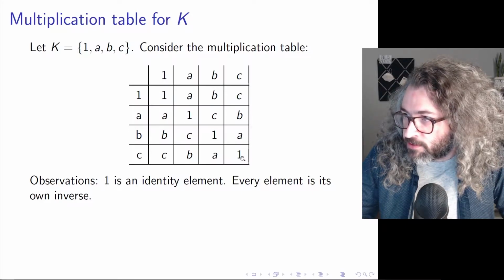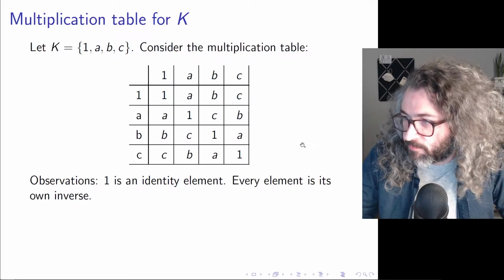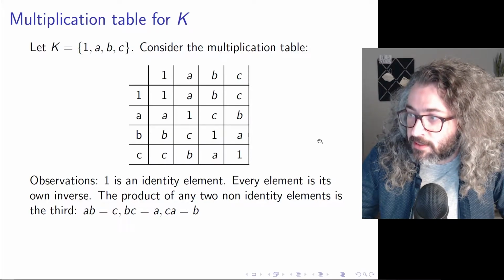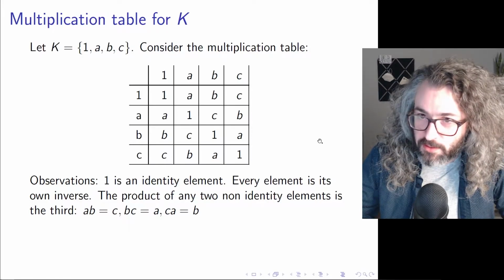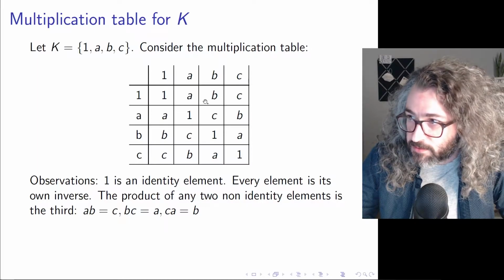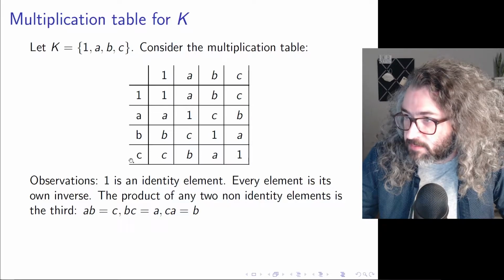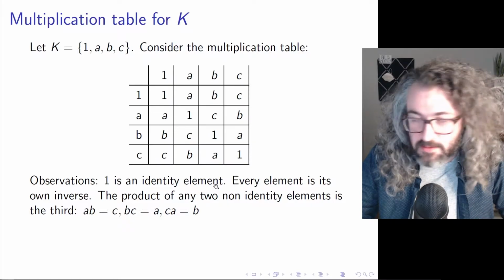It's all ones, so A times A is 1, B times B is 1. And the product of any two non-identity elements is the third non-identity element. So A times B is equal to C, B times C is equal to A, and C times A is equal to B.